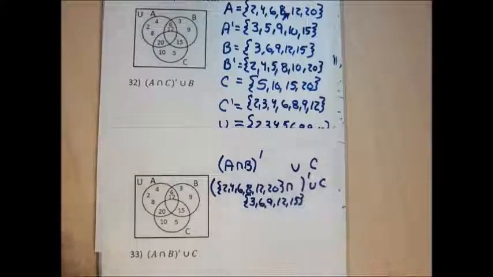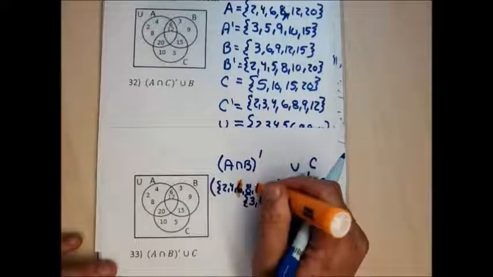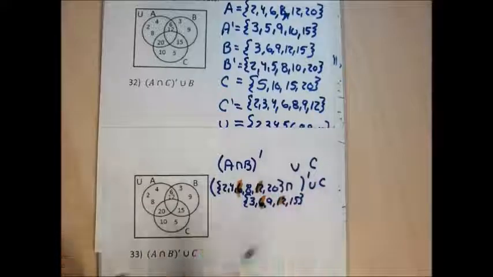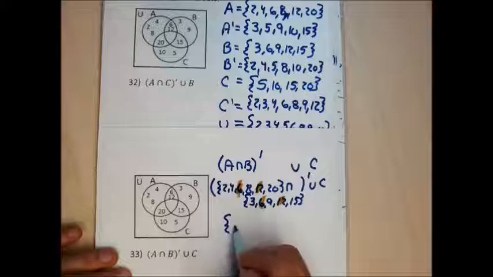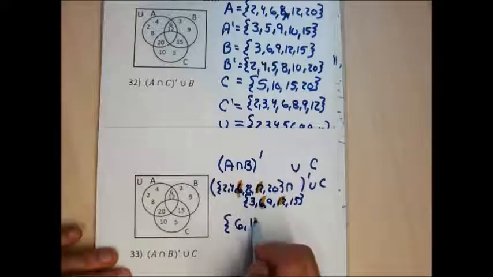When I intersect those two sets, A and B, I write what A and B have in common. And what A and B have in common are 6 and 12. So the A intersection B part of this is just going to be the set that contains 6 and 12.